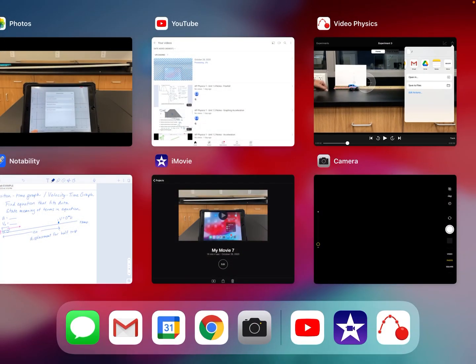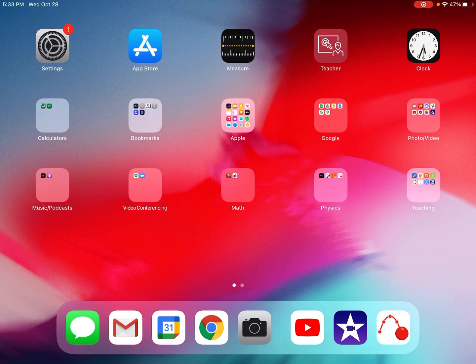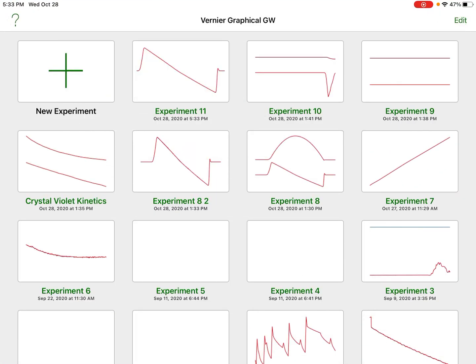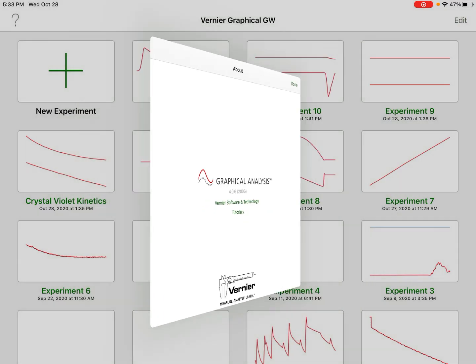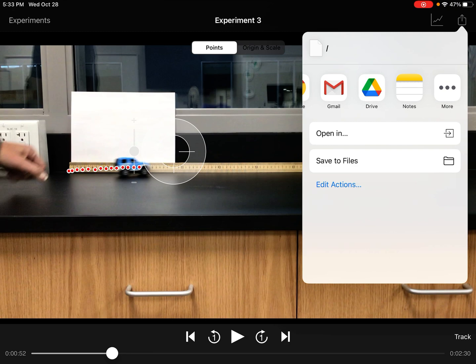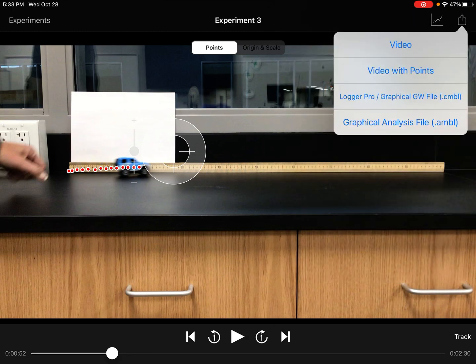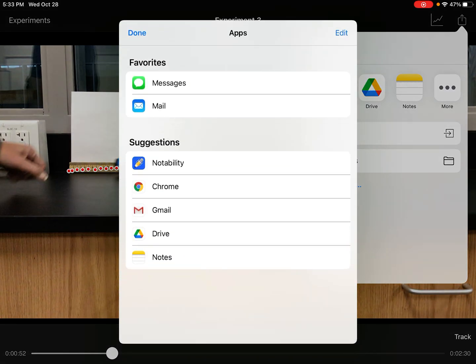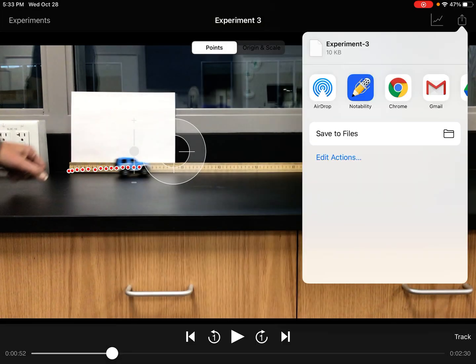Sometimes Graphical Analysis won't come up, and if that's the case, then what you need to do is go to Graphical Analysis and open it. And then go back to Video Physics, and let's try it again. Oh, let's try open in.